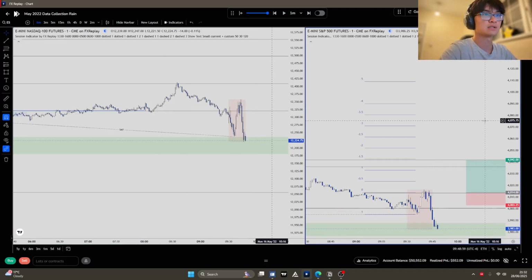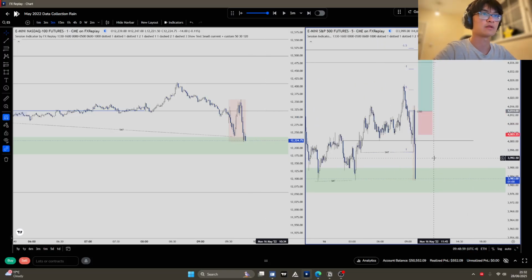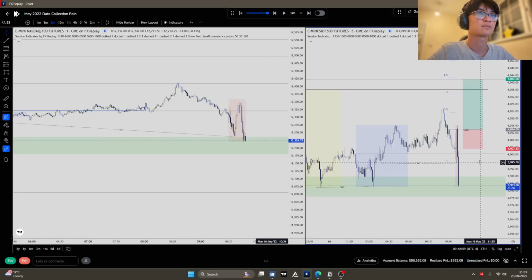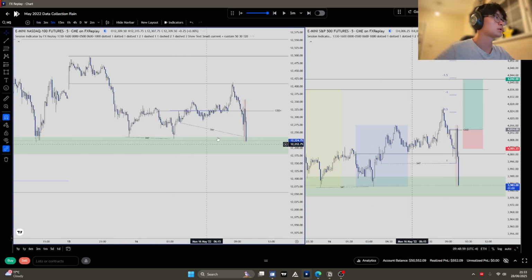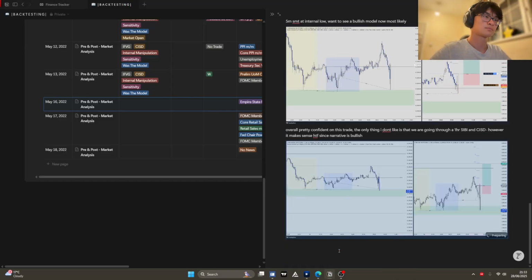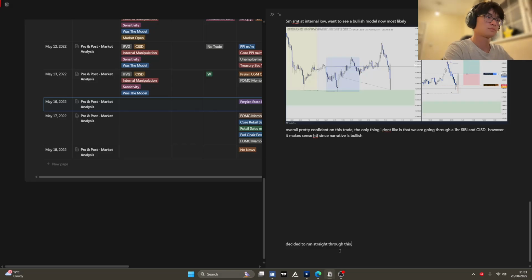Let me see inside here. Wow, yeah, we just ran straight through that. Okay. It's fine. Decided to run straight through. This is probably now looking for EQ of the 4 hour range.